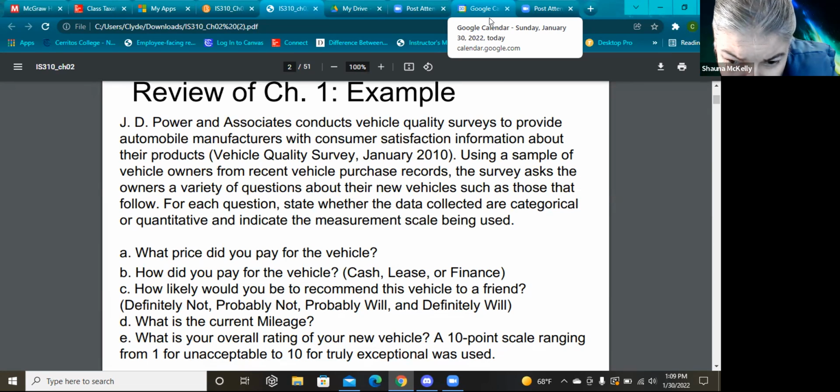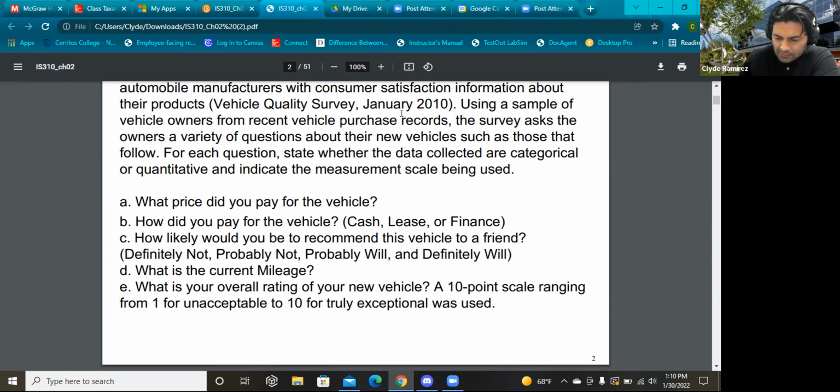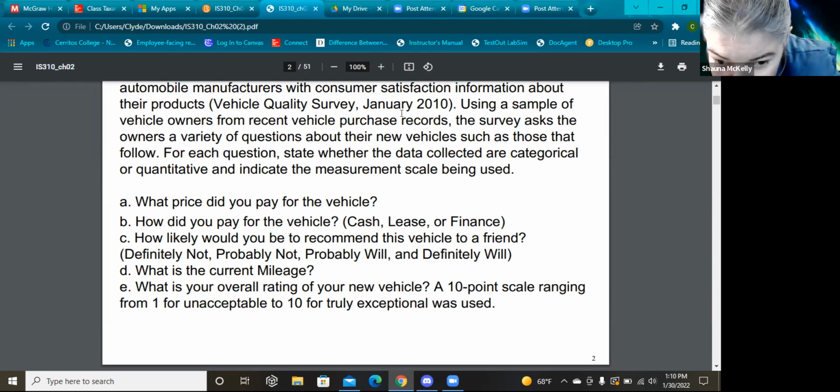What is your overall rating of your new vehicle? A 10-point scale ranging from 1 for unacceptable to 10. So again, now this is an ordinal scale, just like the one before, right? But it's a 10-point scale. We don't have a true 0 here. We don't have a 0 that means absolutely not.